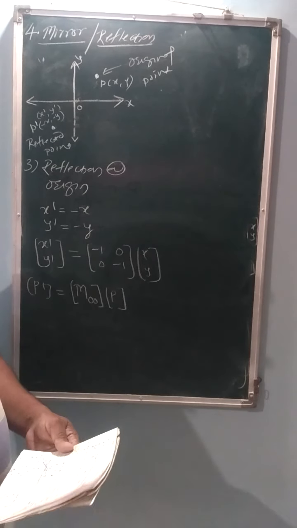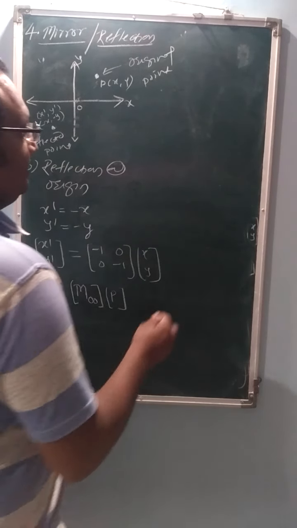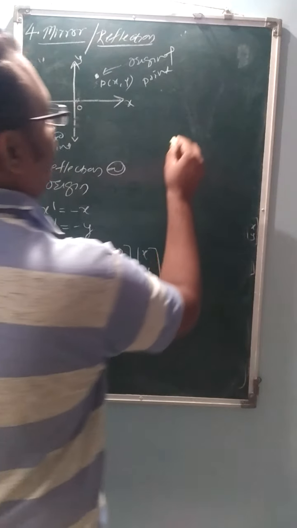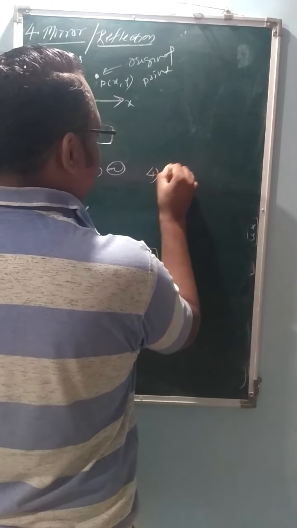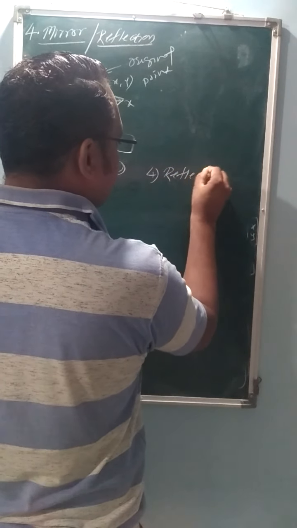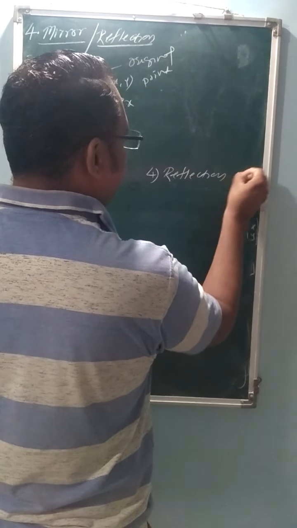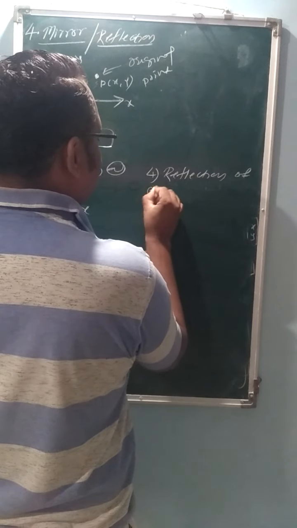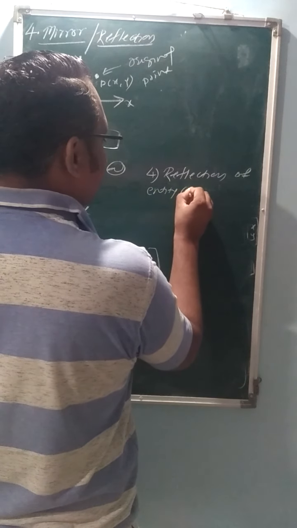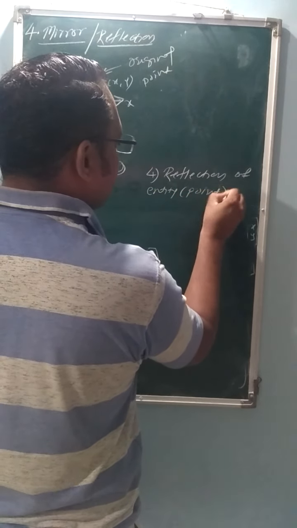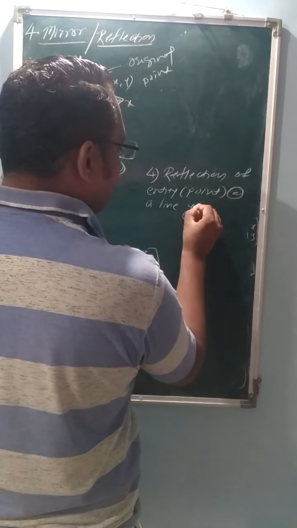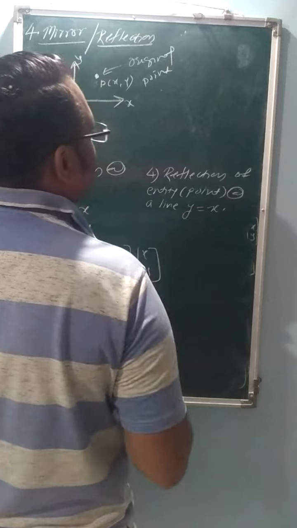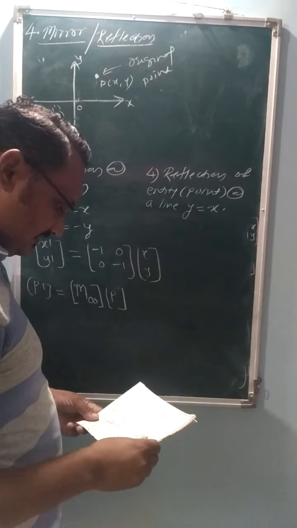Similarly, we can find the fourth case. What is the fourth case? A reflection of an entity about a line y is equal to x.